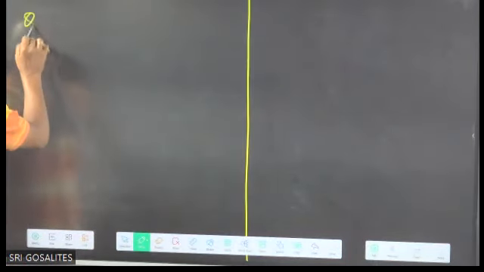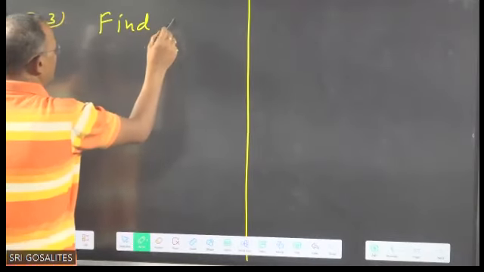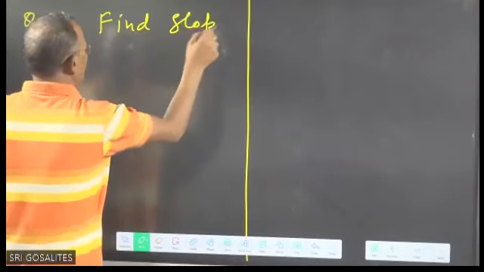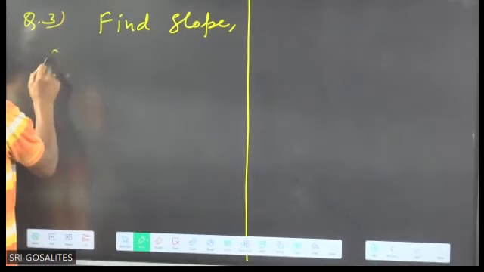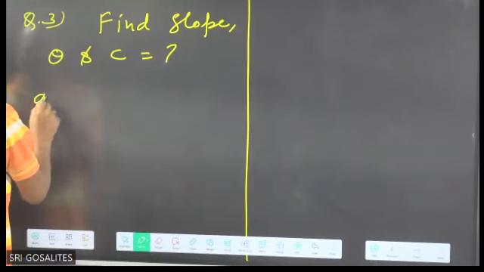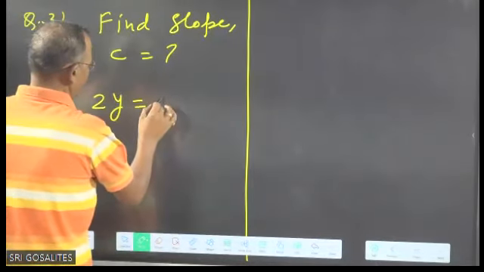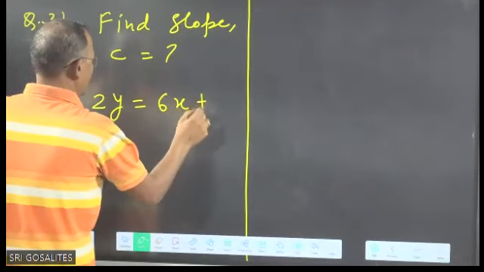So I am giving you one question on mx plus c. Find the slope, theta and c. For the first, the line 2y equals 6x plus 4.